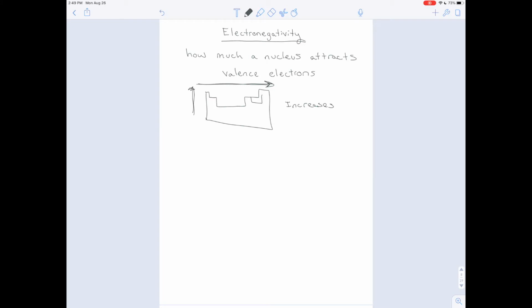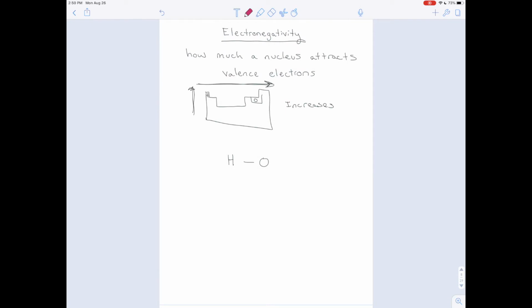So what happens if you have a bond between atoms that have really different electronegativity? For example, oxygen is way up here at the top right of the periodic table, and hydrogen is way over on the left. So oxygen is more electronegative. It attracts these electrons more than the hydrogen does.